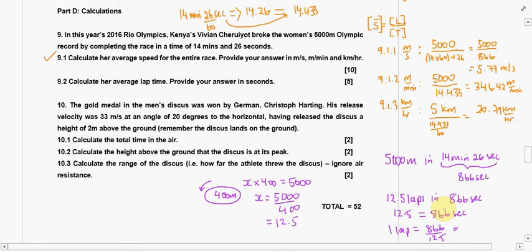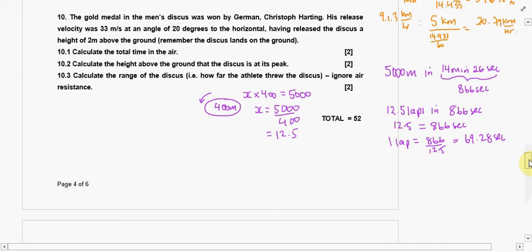You'll get a decimal here too. 69.28 seconds, or just over a minute, right? So she kept an average pace of about 69 seconds per lap to complete the race in that time. Okay.